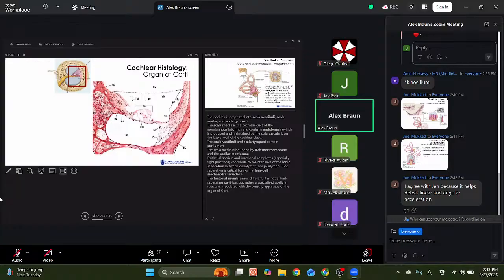Okay, here we see another histologic image and also a drawing of the cochlea in cross-section. It's not a full cross-section here, but usually it's easy to make out the cochlear duct, also known as the scala media, because it's relatively small, but also angular looking. See here in this image, it's very angular looking.